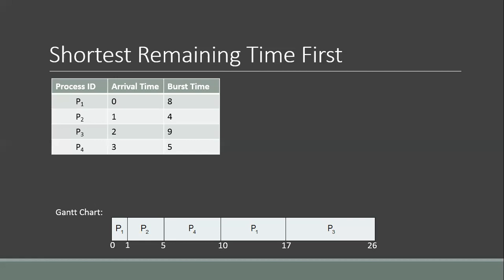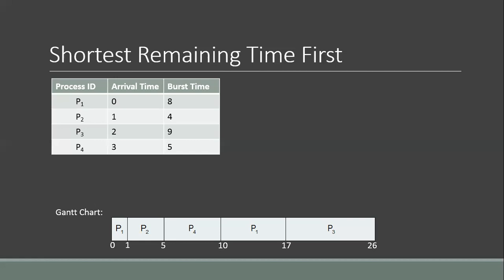While it is still executing, another process, process P4, arrives in the ready queue at time 3. So we will again compare the burst time of process P4 with the remaining burst time of process P2. What is the remaining burst time of process P2 at time 3?